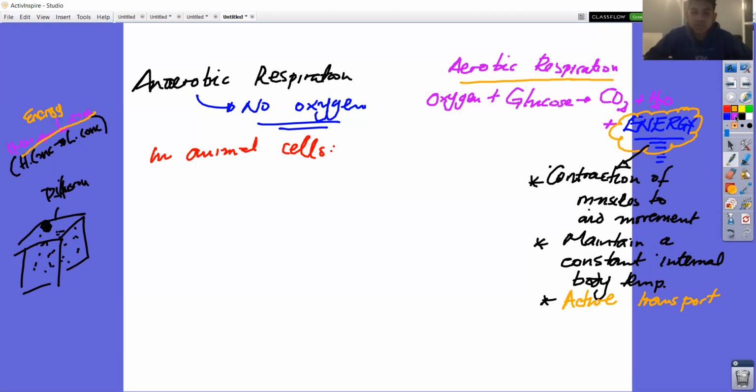Okay. Any other things that we can think of? Have I given you a bit of an enlightenment to try and think of some more uses of the energy? Low concentration to high concentration.